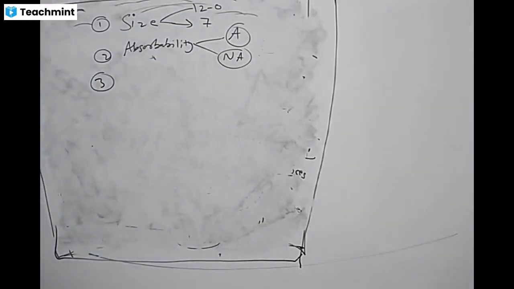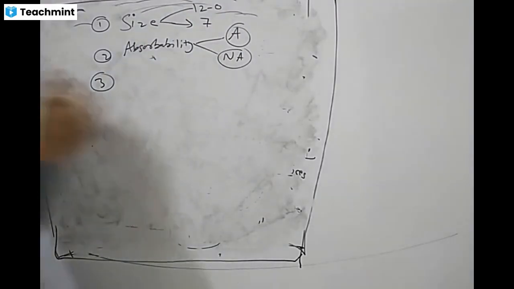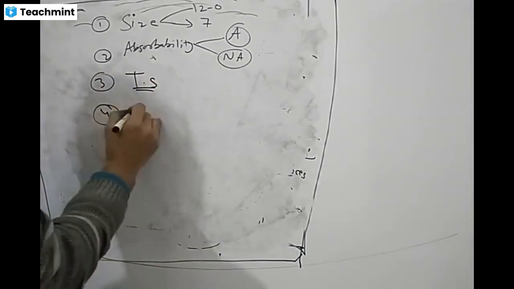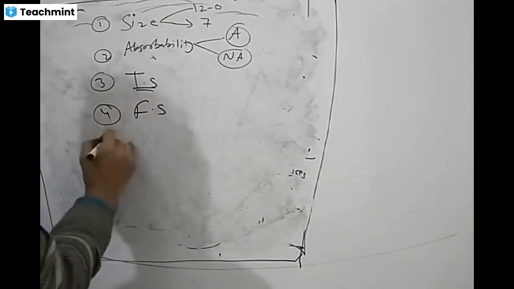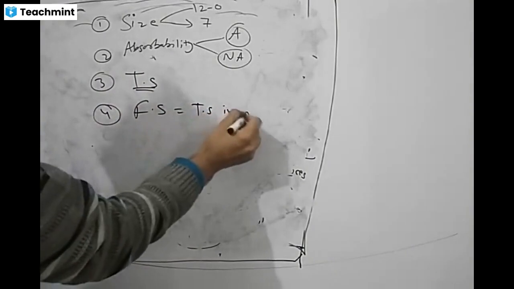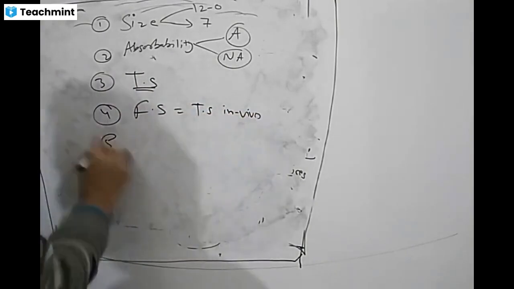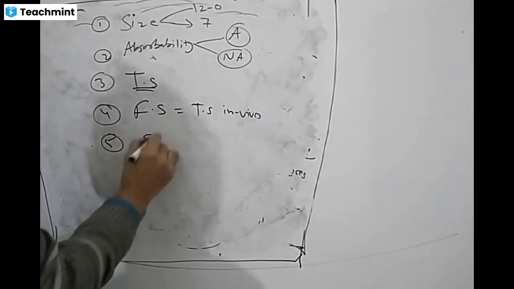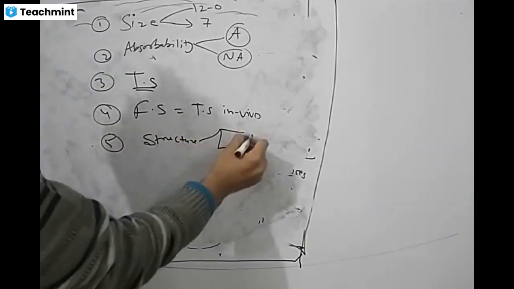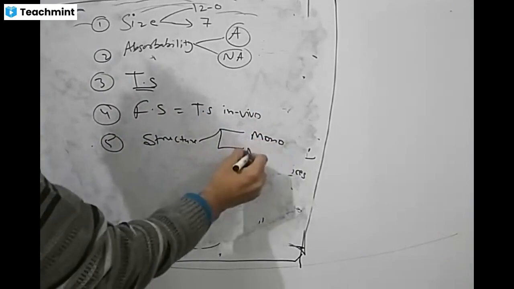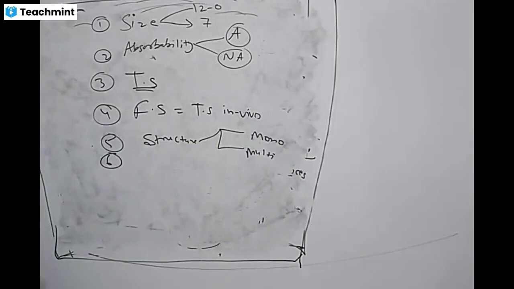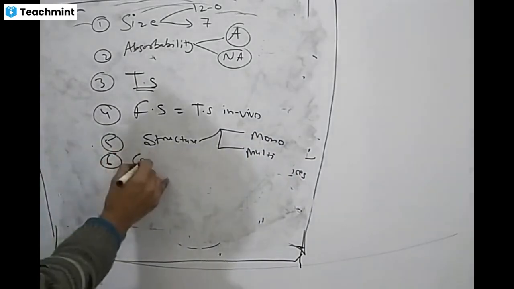And the third property was tensile strength. Fourth was functional strength, that is nothing but the tensile strength in vivo. And number five was your structure, that may be monofilament or multifilament. Number six characteristic property was capillarity.